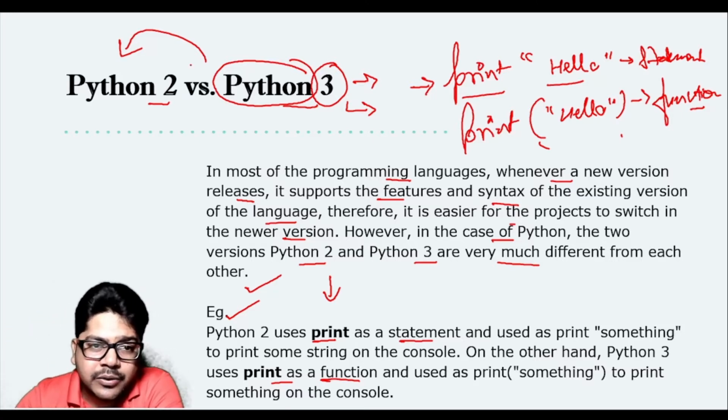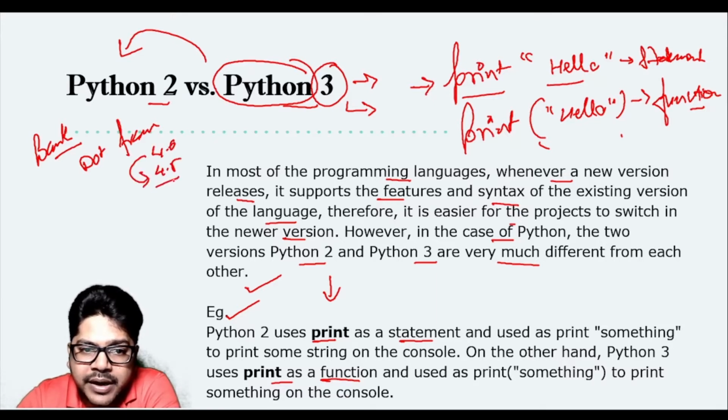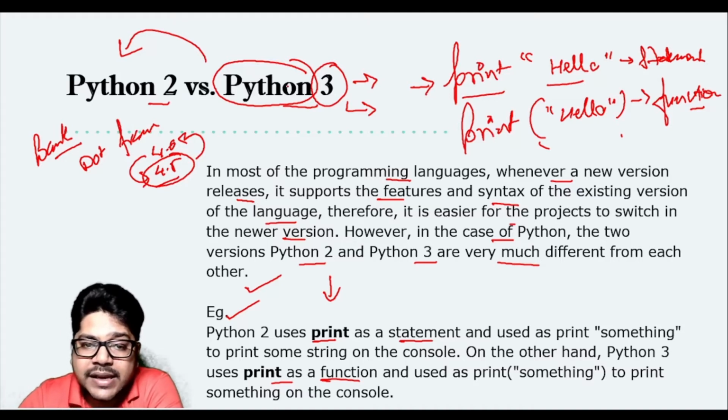Just to tell you a story about my journey: when I was working for Bank of America, on the .NET framework, the update at that time was from .NET Framework 4.0 to 4.5. We needed to know what the new features in .NET Framework 4.5 were so that we could use them in the application we were making.